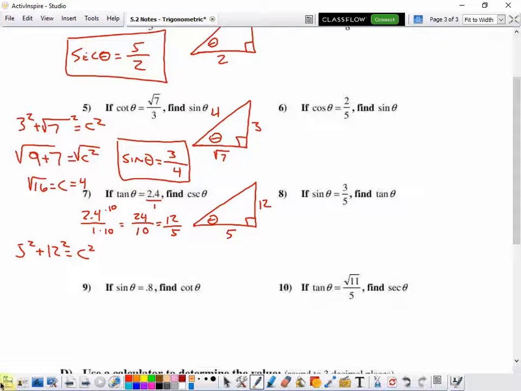I'm kind of short on room, so I'm going to take a little shortcut. 25 plus 144 is 169, and the square root of 169 is 13. So the hypotenuse is 13. So if cosecant is the reciprocal of sine, which means it's hypotenuse over opposite, hypotenuse is 13, opposite is 12.